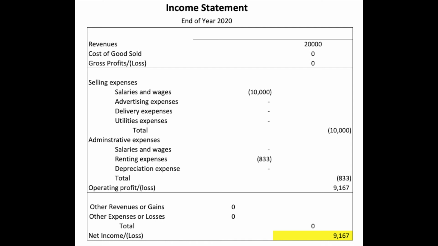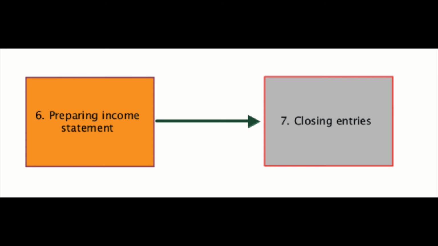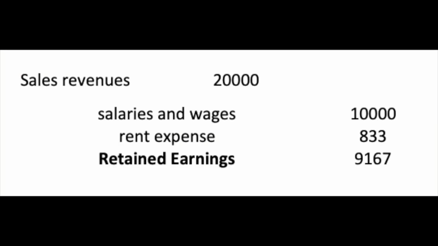7. Closing entries. Nominal accounts should be transferred to retained earnings.